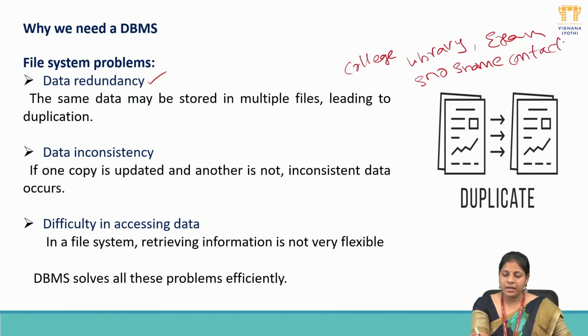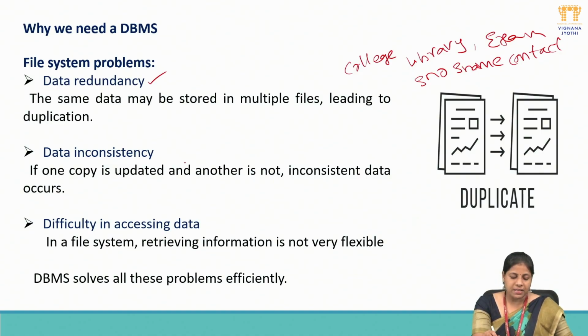In the same way, in the examination branch also, we are maintaining student number, student name and contact details. For this, we need more storage. So, in data redundancy, we store the same data in multiple files.